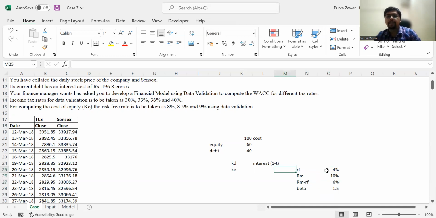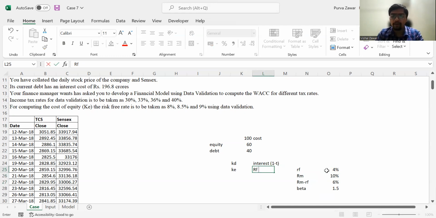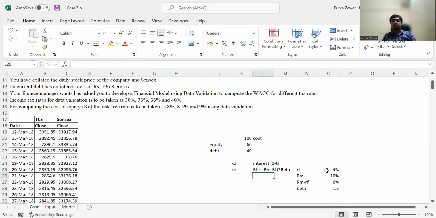So for that, let us see what are the expectations of the shareholders. They want minimum RF plus more than market returns also. Market is giving extra 6%. They're saying the stock is risky, so we want more returns.